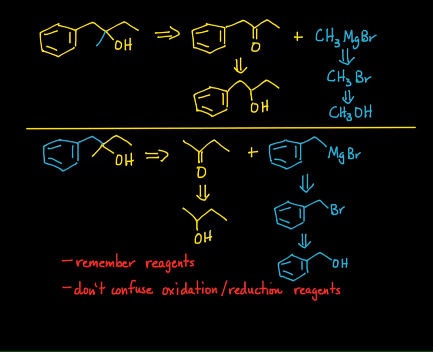This is a common mistake that students make, so make sure you have the oxidizing reagents, how to oxidize an alcohol to an aldehyde, how to reduce an aldehyde to an alcohol, how to oxidize an alcohol to a ketone, and vice versa. Keep those straight and practice those, because that is something that takes a little bit of work to do.